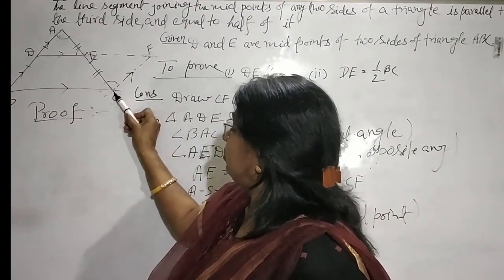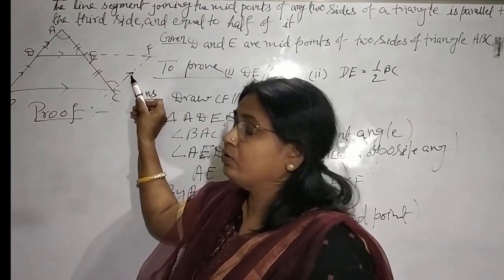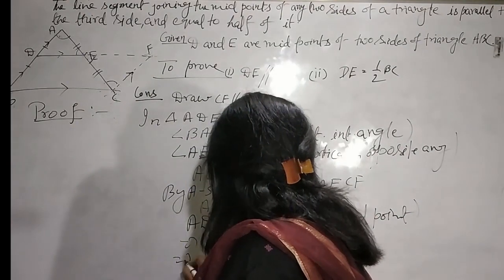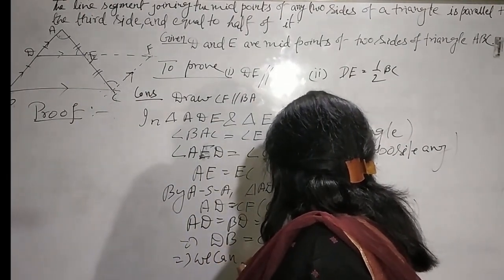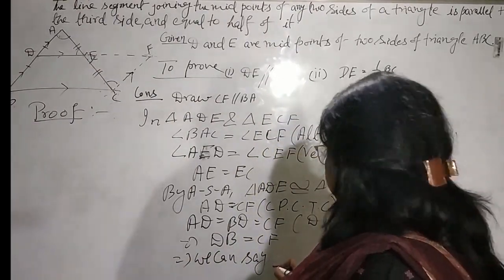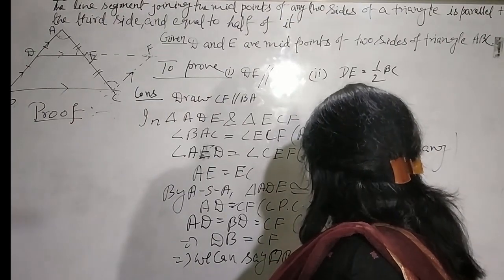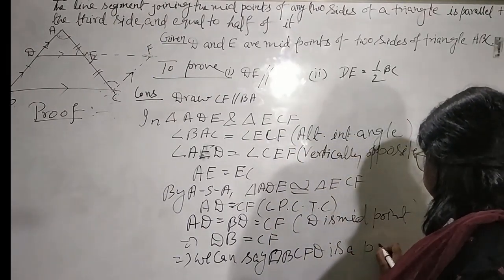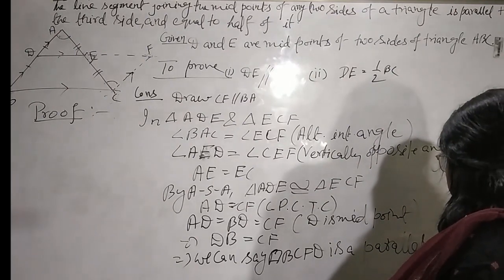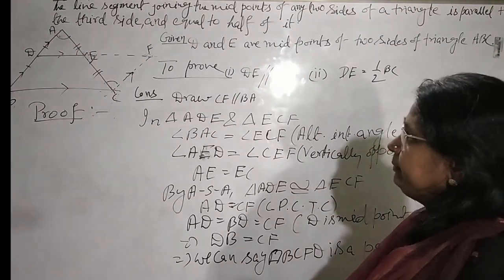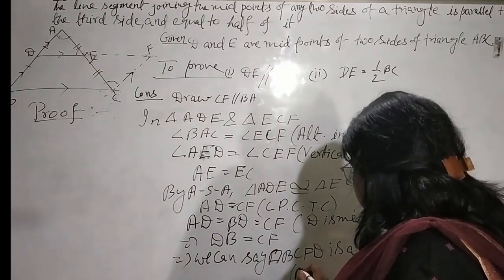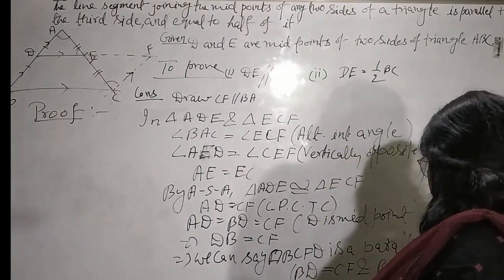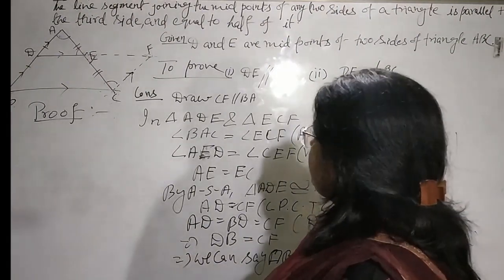That's why quadrilateral BCFD is a parallelogram, because BD is equal to CF and BD is parallel to CF.